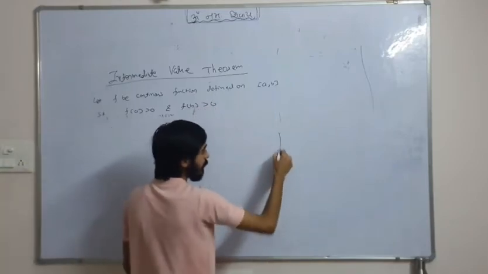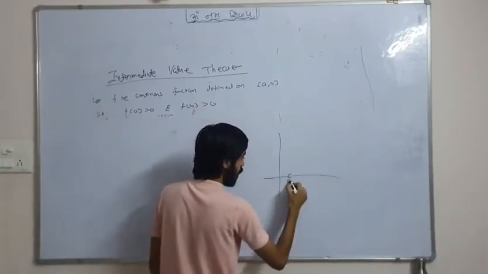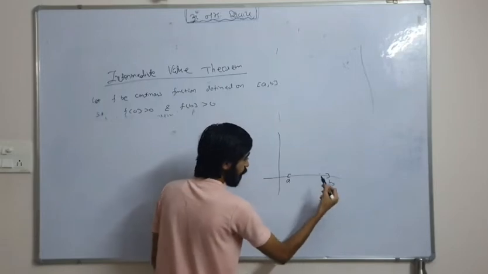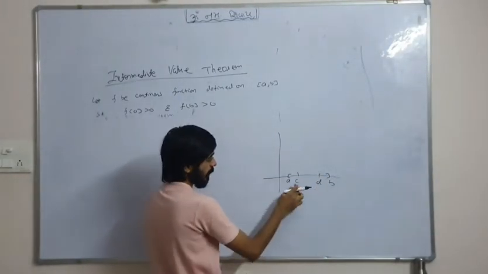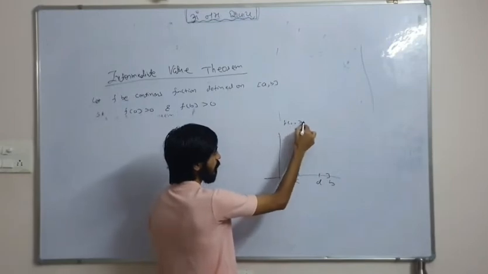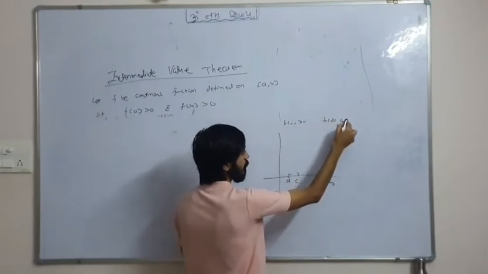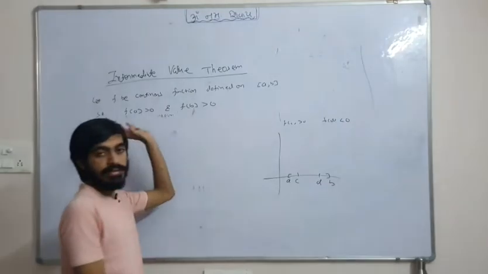But you will see that even if I take some other points, c and d, such that f(c) is positive and f(d) is less than 0, then this same thing will also apply.